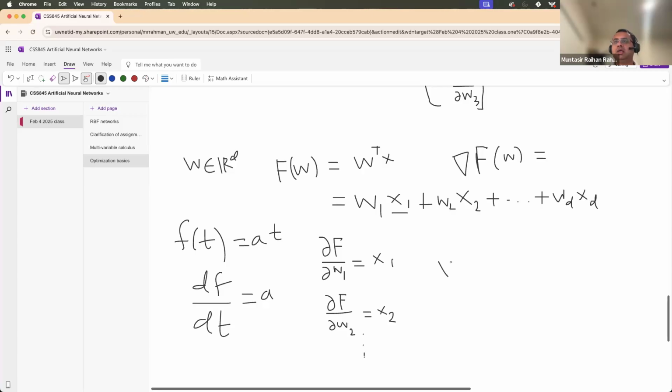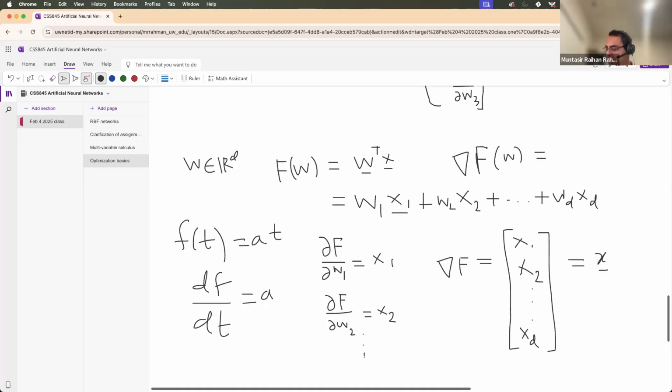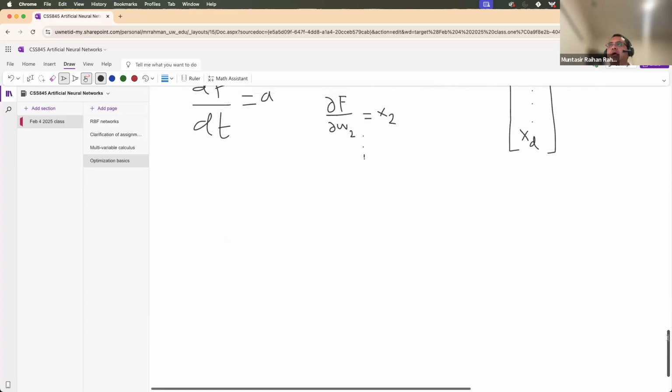So that means that your gradient is basically going to be, you just stack together all the values, which are now x1, x2, through xd, and you put them together, and that turns out to be exactly the input x vector. Okay, so that works out perfectly.